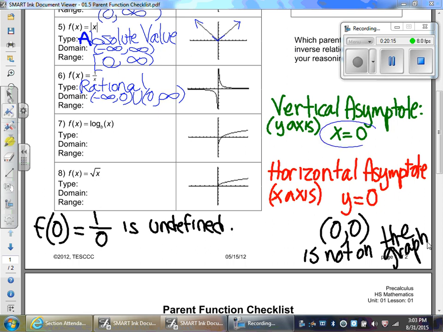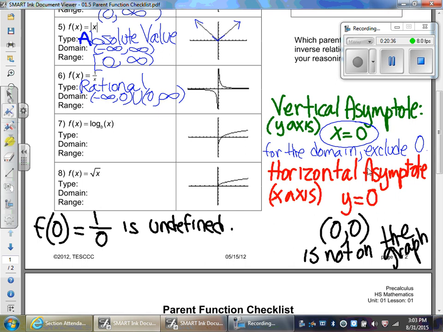So because we have that vertical asymptote at x equals 0, it also means that for the domain, exclude 0. All right. Now let's look at the horizontal asymptote.